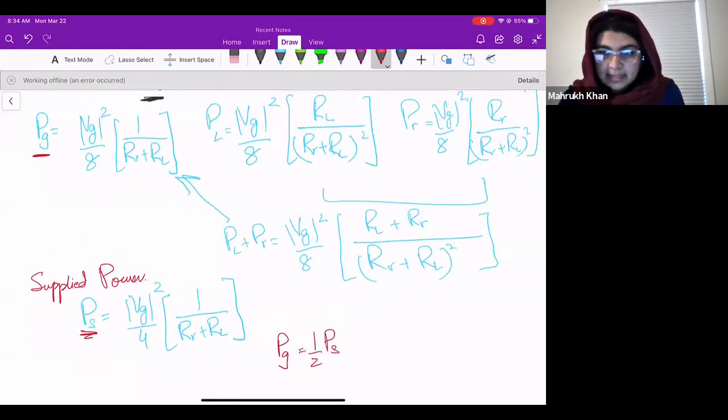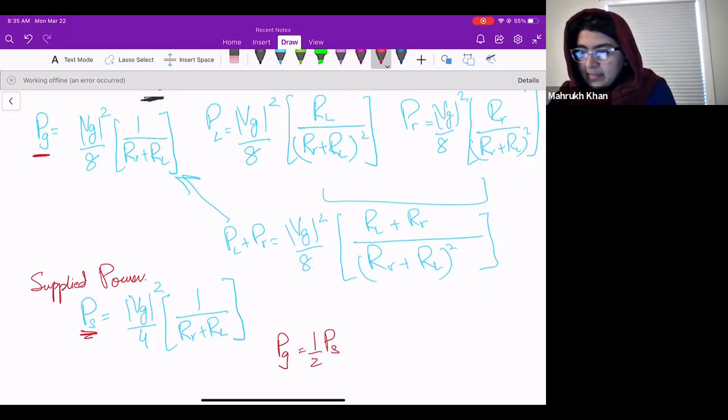So it means that whatever you are supplying, half of the power is dissipated across the generator impedance, and half of the power, if it is conjugate matching, is delivered to the antenna, right? So this is also a dissipation and this is also a dissipation. So under conjugate matching, there are two types of dissipations, which are equal to PG.